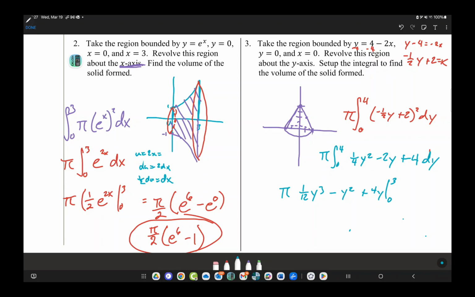Now the nice thing is since every term has y in it, what happens when I plug in 0? It's just 0. So just plug in 4.